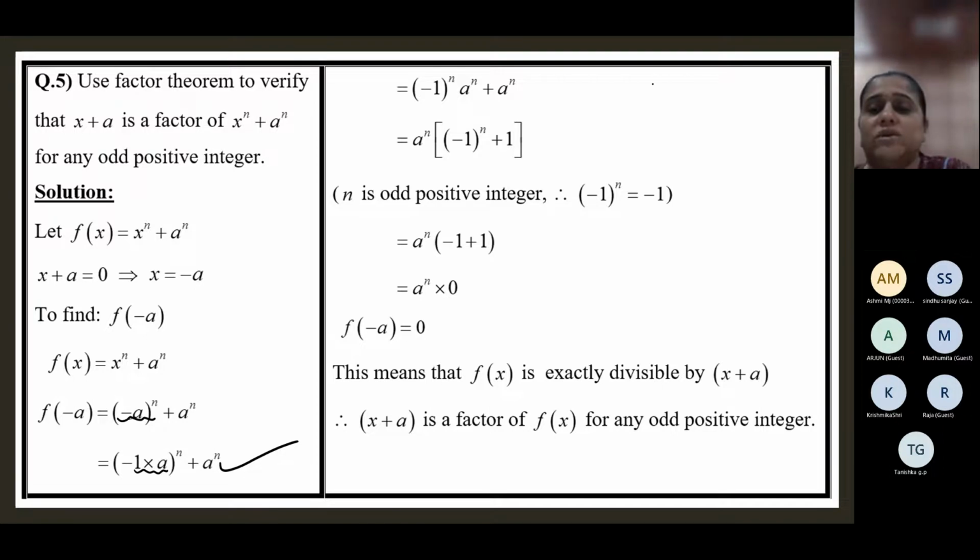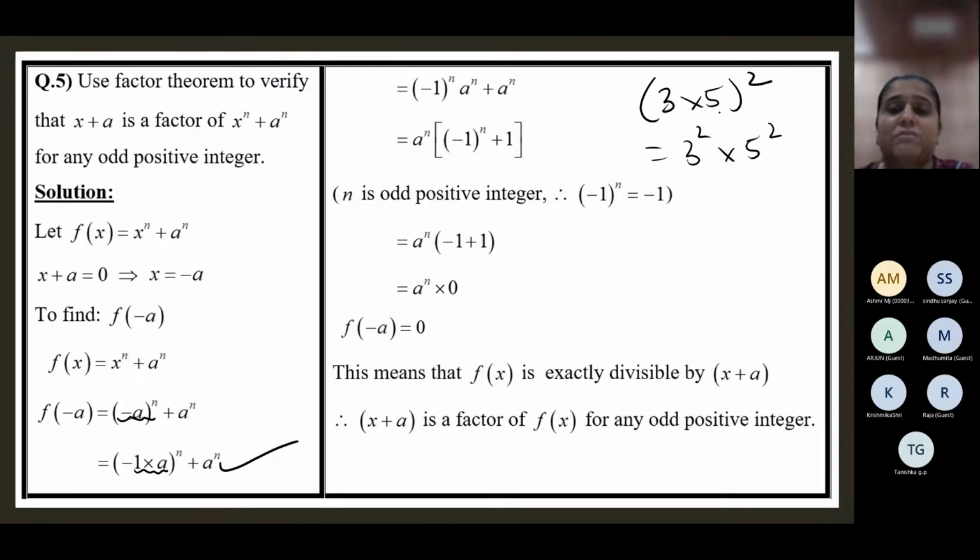Now you've studied this when you learned exponents last year. If you have say 3 into 5, the whole square, this is nothing but 3 square into 5 square. The power is applicable for everything inside the bracket. If you have AB, the whole square, it is nothing but A square, B square.